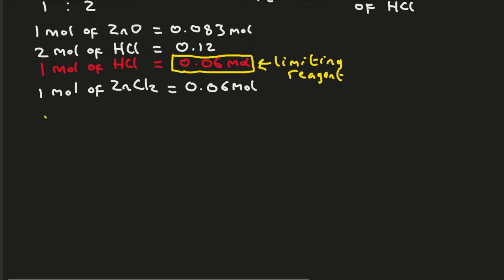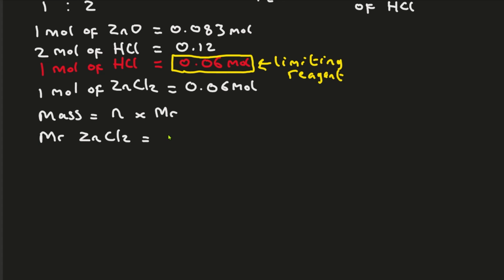And the last thing you do then is work out the mass. So the mass equals the number of moles times the MR. The MR of zinc chloride, well, what is that? So let's work that one out. That is 65.4 plus 35.5, and there's 2 of them, so it's 71.